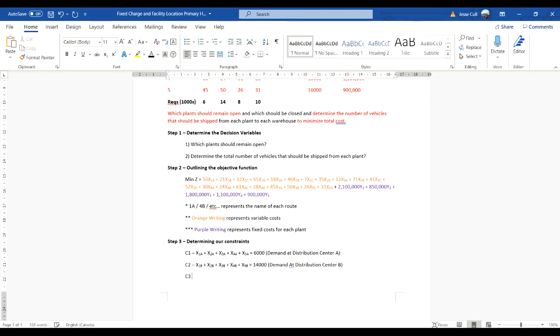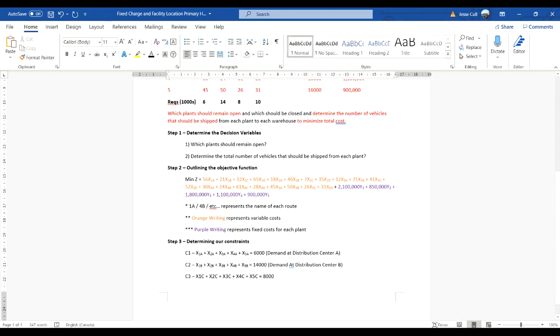C3. X1C plus X2C plus X3C plus X4C plus X5C is equal to 8,000 units.